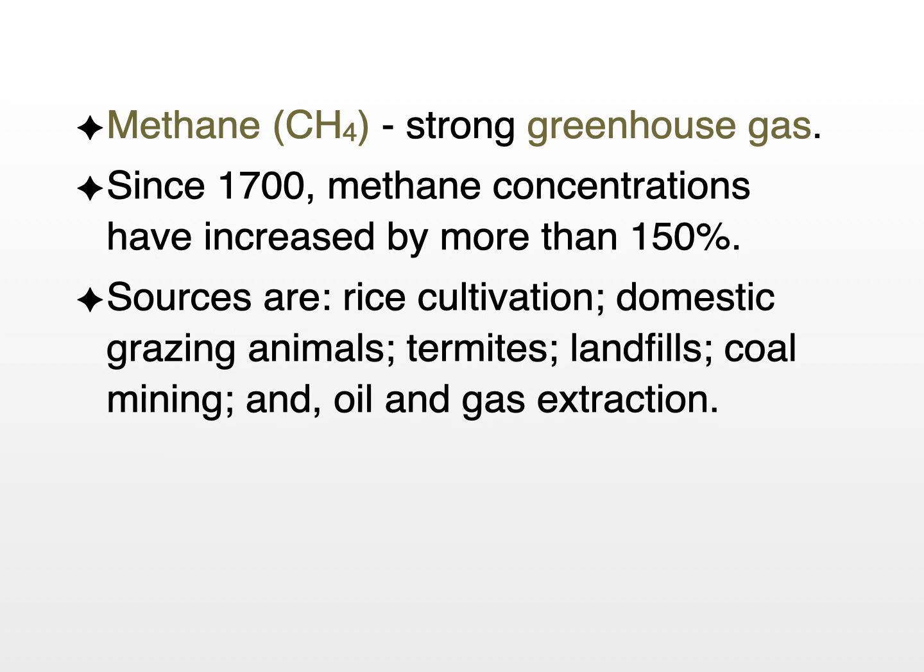Human activities that release methane include rice cultivation, keeping of domestic grazing animals, an increase in the number of termites, which is associated with deforestation, landfills, coal mining, and the extraction of oil and gas from beneath the surface of the earth.